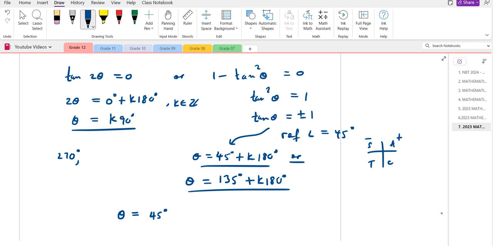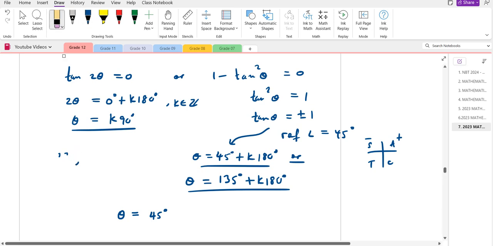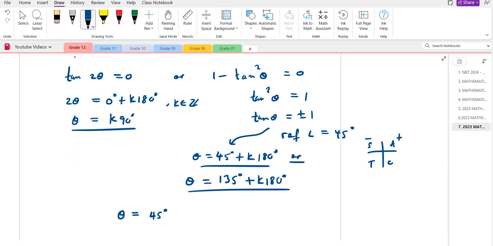I need to look at answers for theta when it is undefined. So the possible answers for theta, when the value of k is negative 1, I'm getting negative 135.